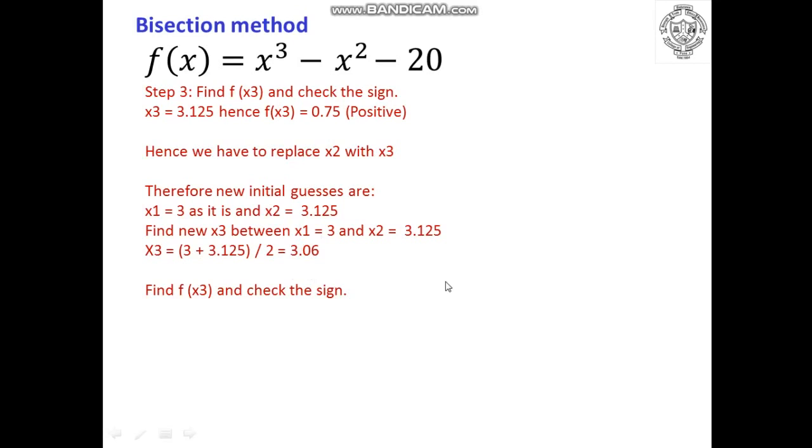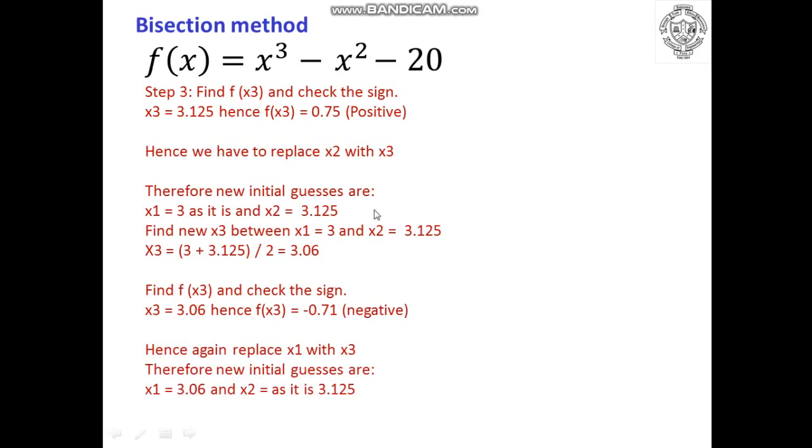So now again we have to find out the function for this particular value. So f of x3, now you can see it has been diverted towards the other side of the exact root. Now since the value of this particular function is negative, that is 0.71, you have to replace your x1 with x3.